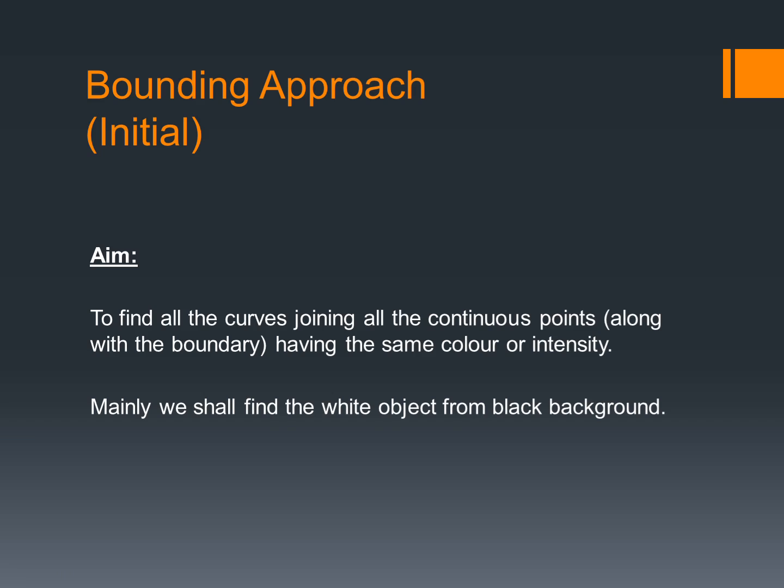In the initial step of the bounding approach, we found all those points, curves or patches, whatever you call them, which have the same color or intensity. Mainly, we convert the image into binary, black and white, and then extract the white portion from the black background.